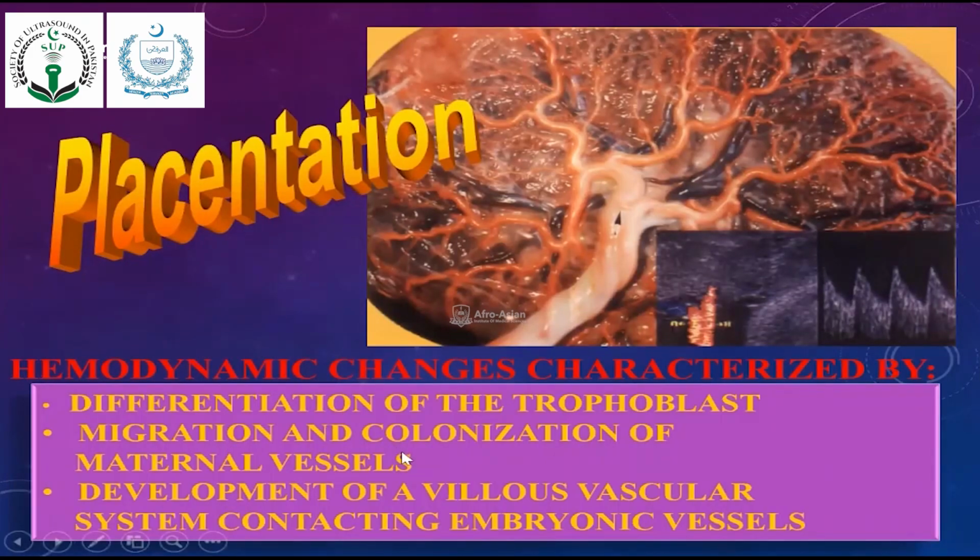Then comes placentation. There are hemodynamic changes characterized by differentiation of the trophoblast, migration and colonization of maternal vessels, and development of a villous vascular system contacting embryonic vessels.